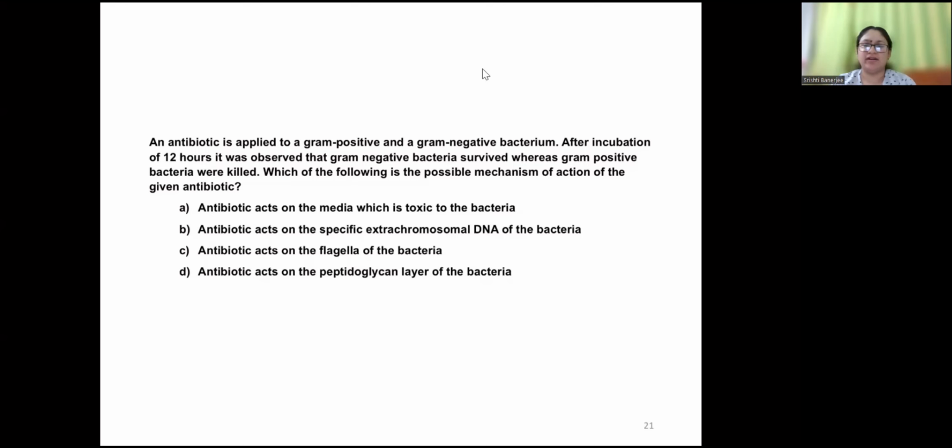Gram negative bacteria also have a peptidoglycan layer, so why were they not susceptible? What makes Gram positive bacteria this susceptible?